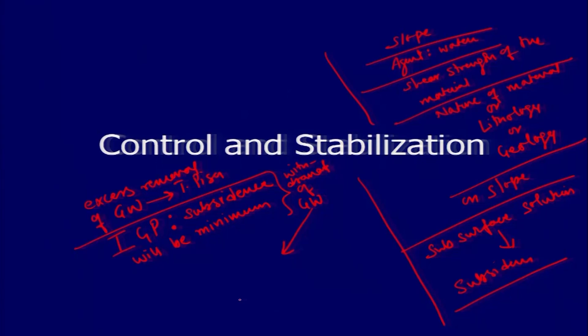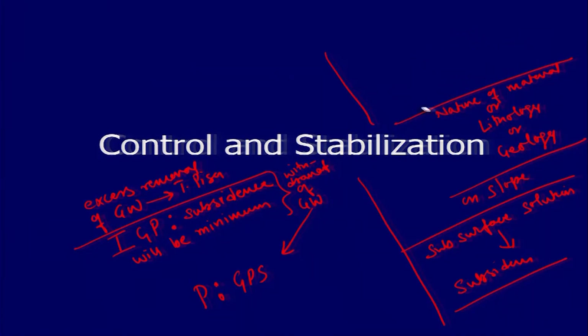This we can pick up, or we can have the precise measurements using GPS, permanent GPS stations. So if you have the permanent GPS stations, you can figure out the minor or minimum subsidence because of excess removal of water. So these are the few things which we will definitely keep in mind while talking about the landslide and different types of landslide. Of course, along with this, the material we are talking about, the nature of material, the lithology.